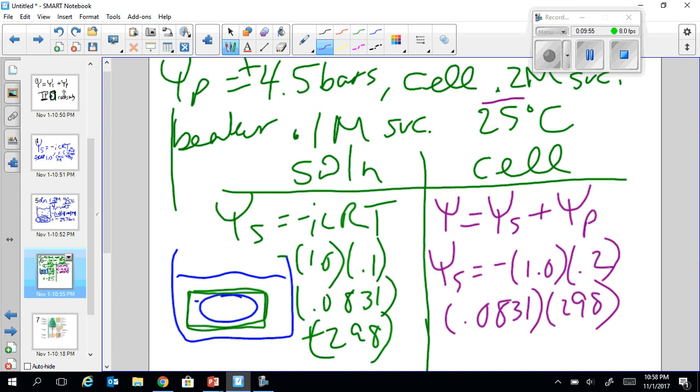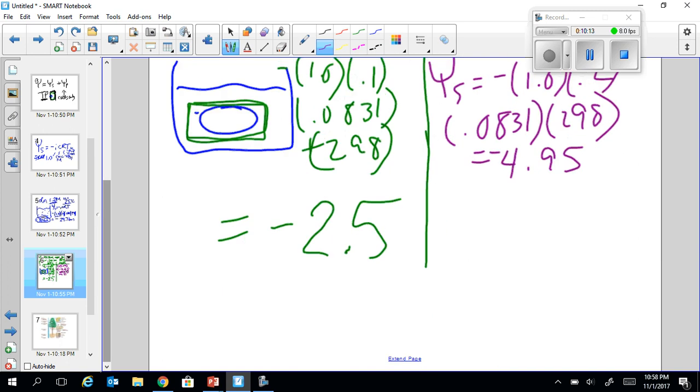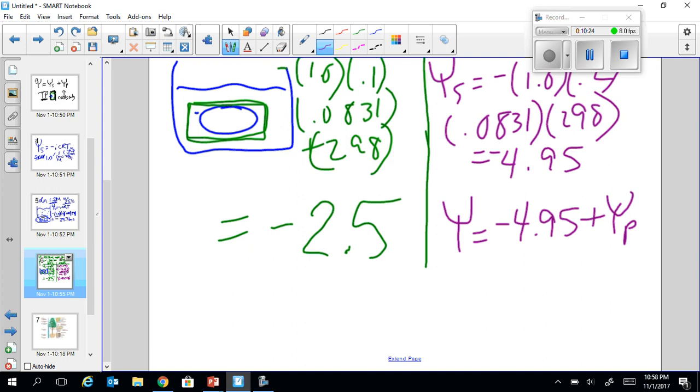So that would be 4.95 with a negative value there. All right. Now what I would need to do is I would need to say this is equal to negative 4.95 plus my pressure.